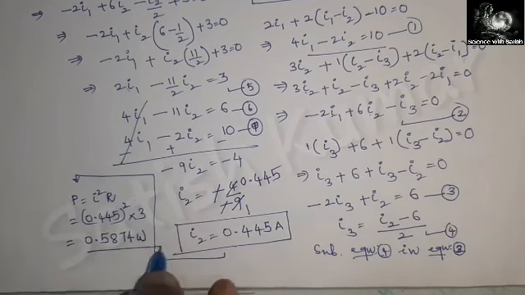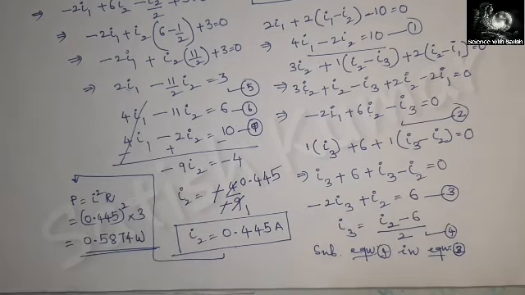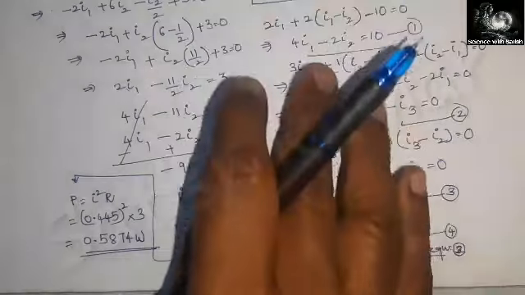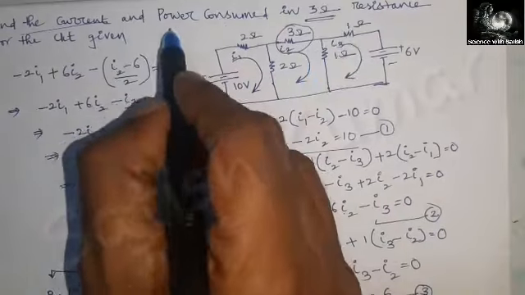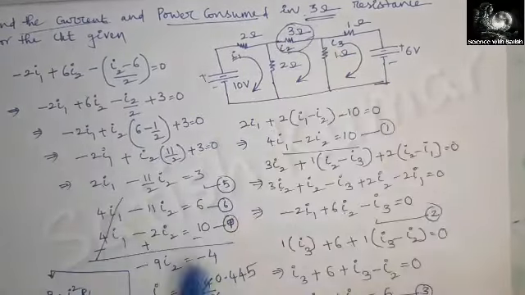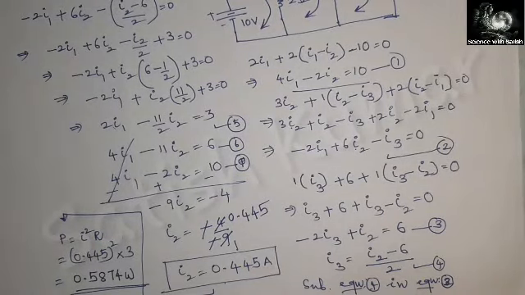So this is the power consumed at the 3 ohm resistor. In this way we have to solve the problems using Kirchhoff current law and Kirchhoff voltage law.